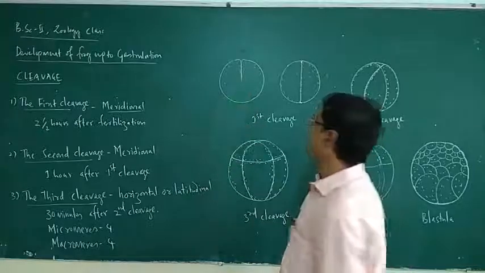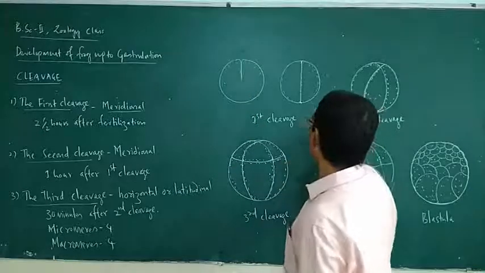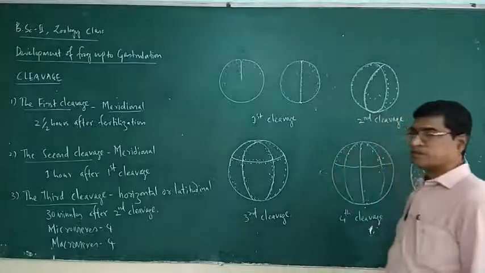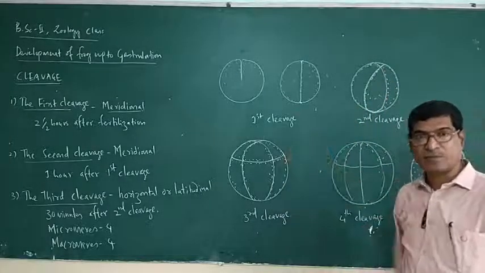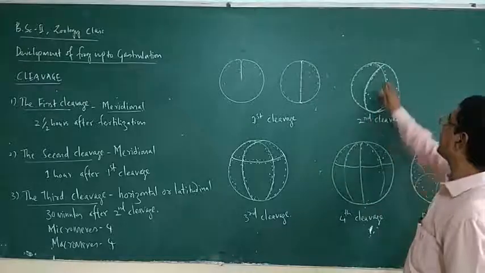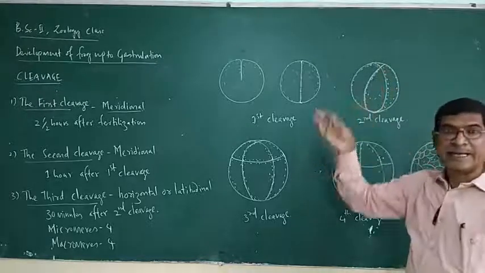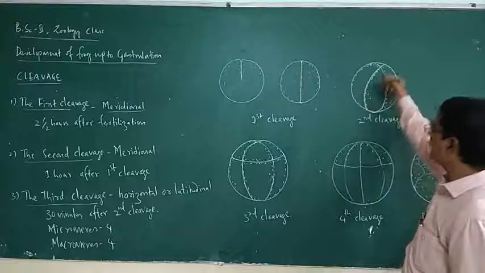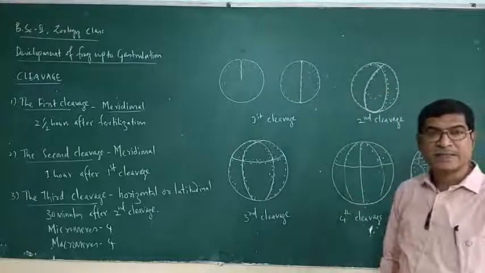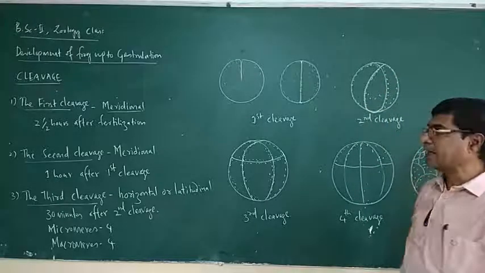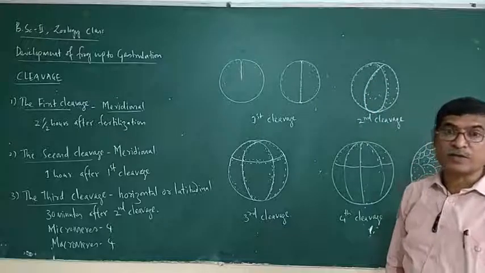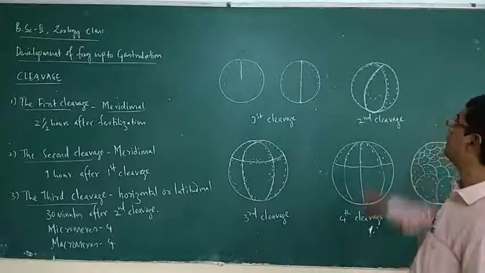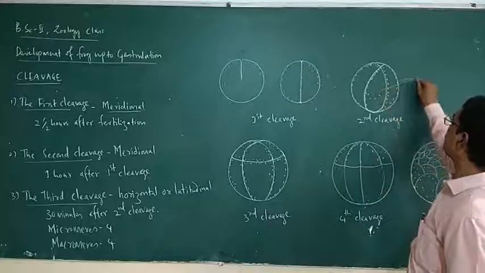Next, second cleavage. The second cleavage plane is also meridional, but at right angles to the first one. And it is also holoblastic. At the end of second cleavage, four equal sized cells are formed. These are called blastomeres.